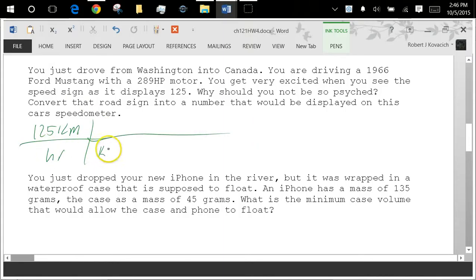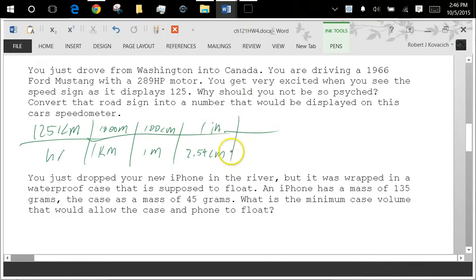So 1 kilometer, 1,000 meters, and 1 meter, 100 centimeters, and then 2.54 centimeters is 1 inch, not 1 mile. Not even close to that.